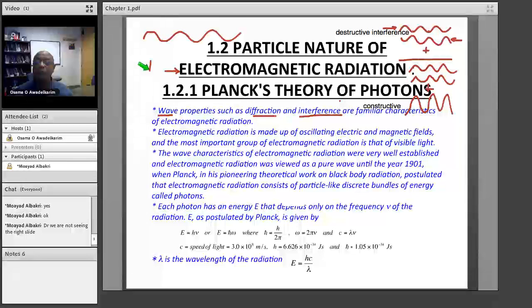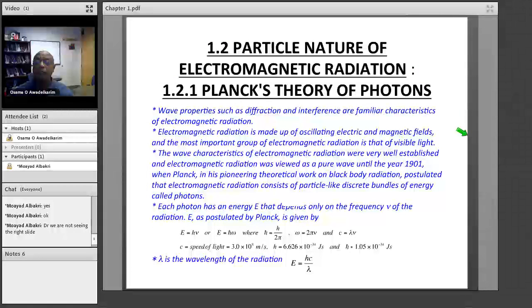let me clear out this region here. So if we have again an opening here, and if we have a wave coming through this opening, and we have a screen, say this wave is light, you expect this wave to go through and hit here.